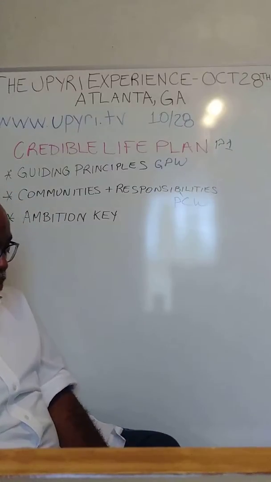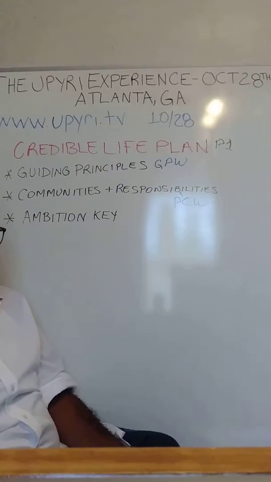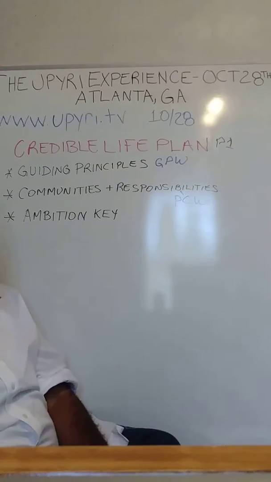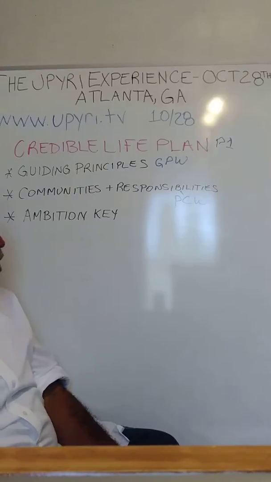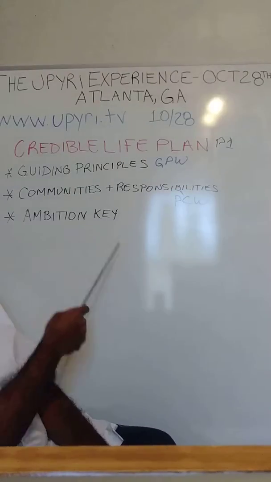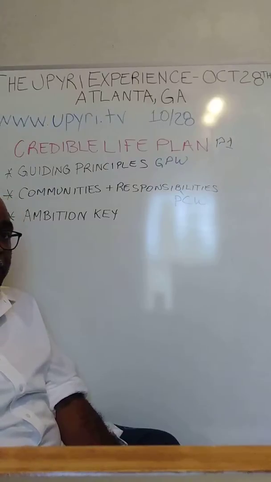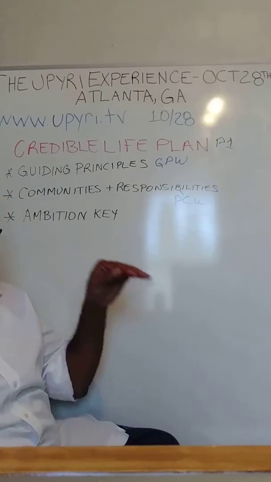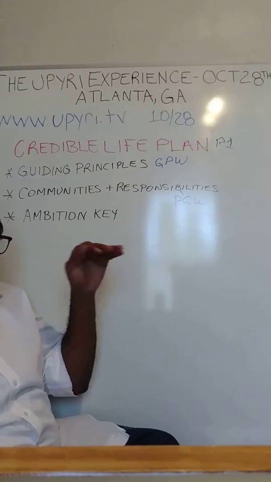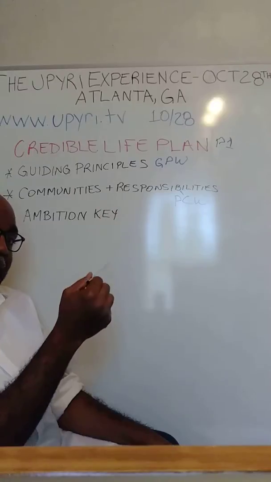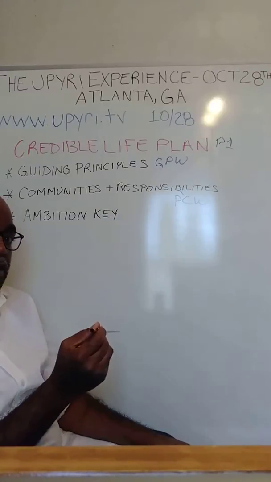So now we come to the meat of the credible life plan, and it is the ambition key itself. The ambition key is a breakdown from the life goal, remember what's listed in the character's psyche, the character's life goal, all the way down to the action in the story that you're writing.